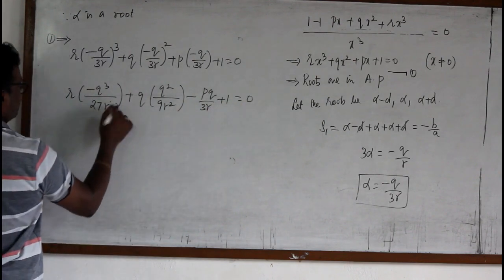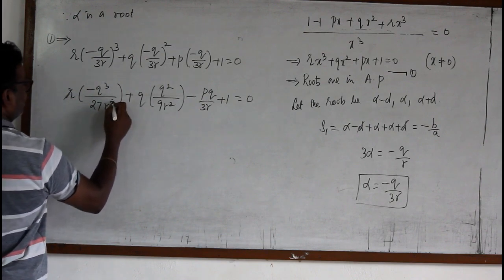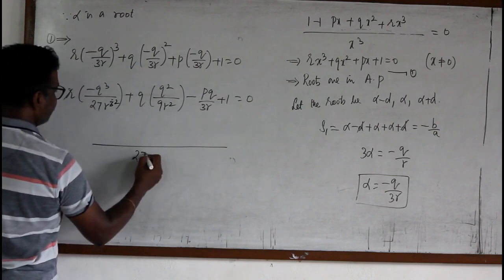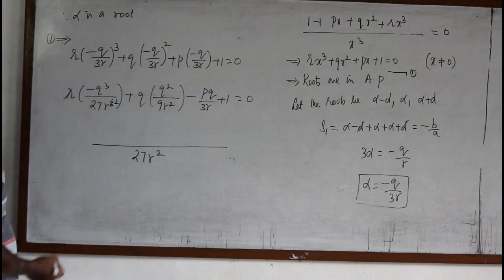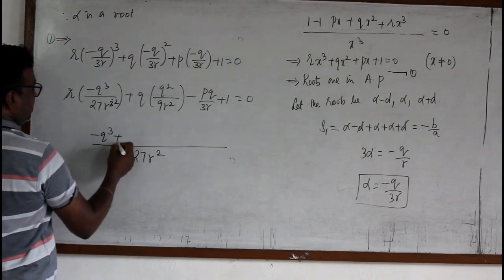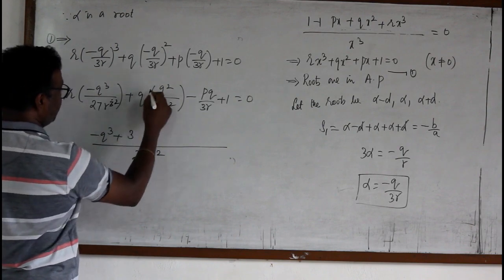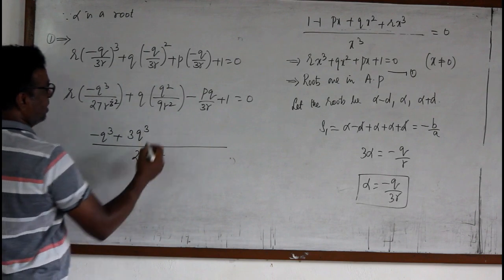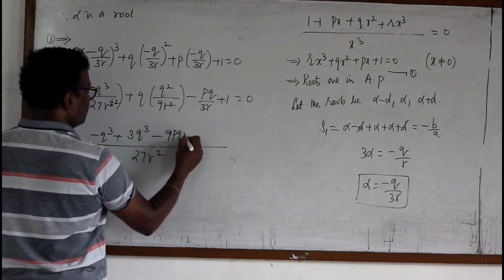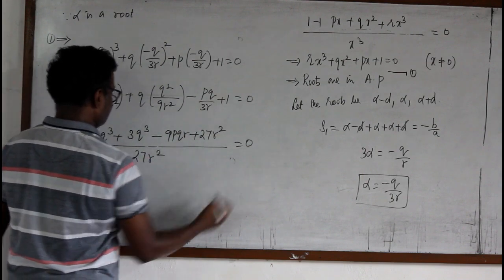Taking 27r square as the common denominator, r cancels and it becomes r square. Then it is minus q cube; here 9 becomes 27 if we multiply by 3, so it is 3q cube; then minus 9pqr, plus 27r square, equal to 0.